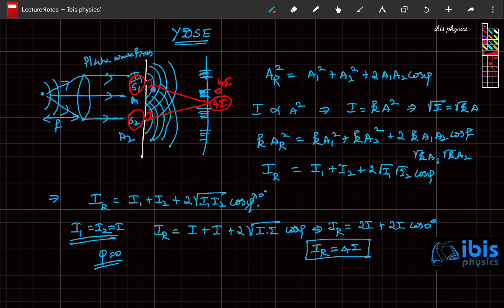So when the two interfering intensities are the same, I, the resultant intensity will be 4I. And here the law of energy conservation is not violated. Here the energy is redistributed.